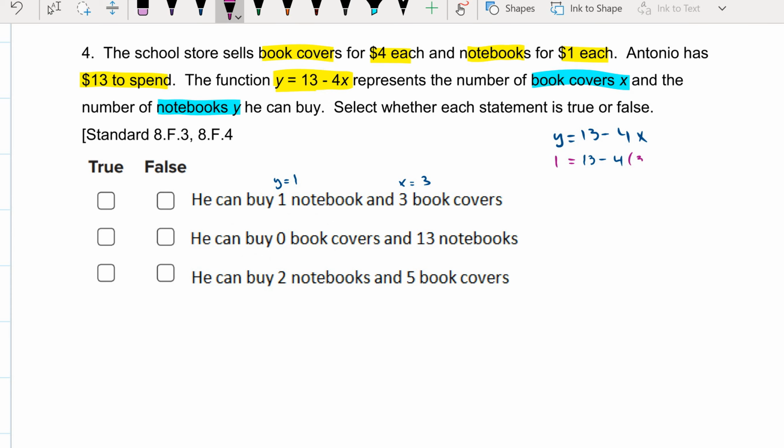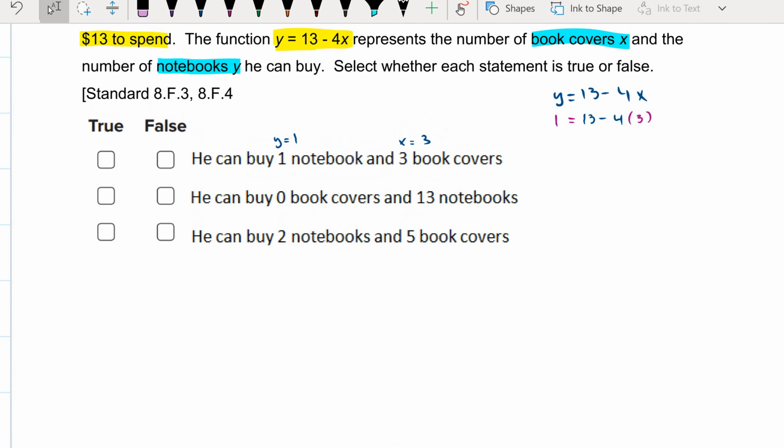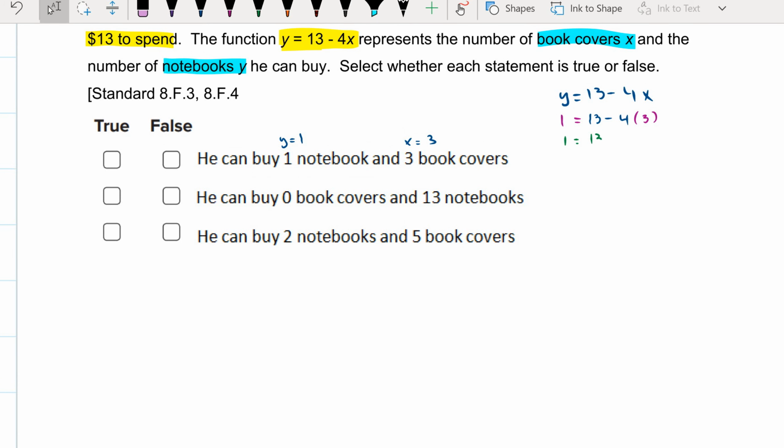Will it give us a true statement? That gives us 1 equal to 13 minus 4 times 3, which is 12, and 13 minus 12 is 1. This is a true statement, so it's true.